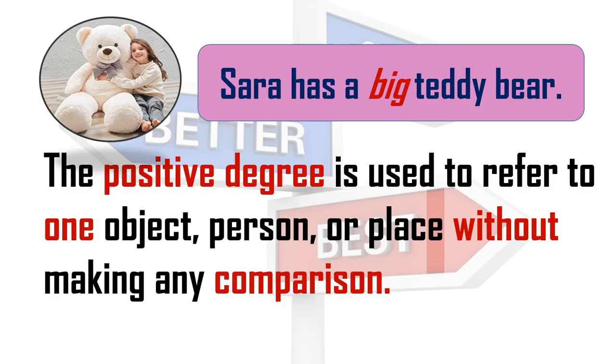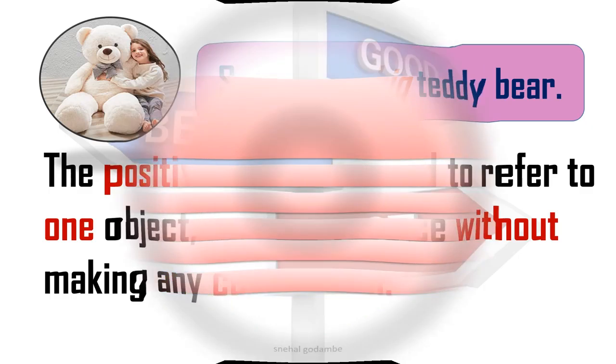Here we are not comparing with any other thing. We are just stating something. Okay? Any one object, any one person or any one place is known as positive degree. Let's learn some more examples of positive degree.